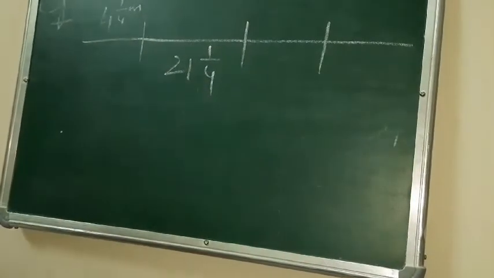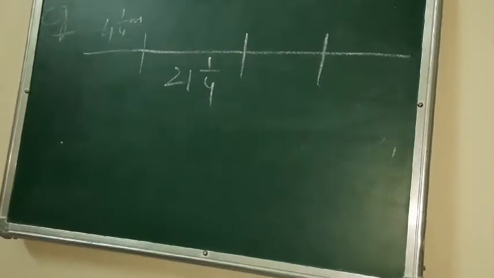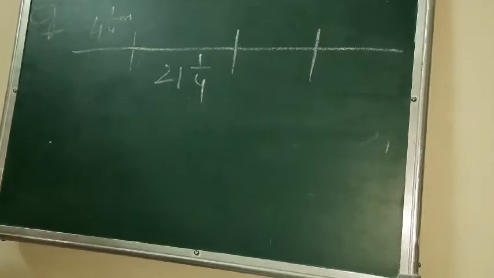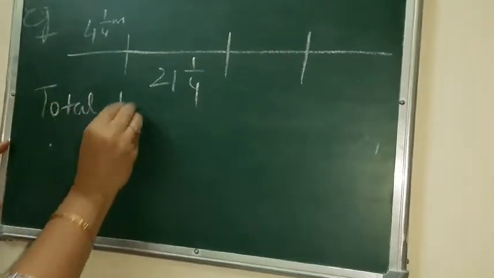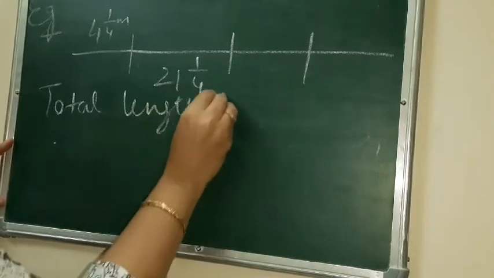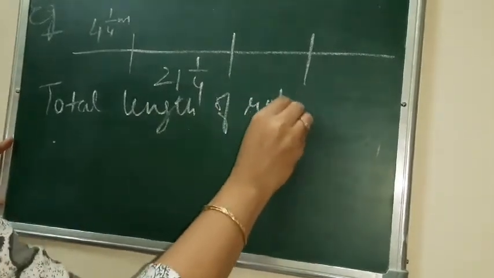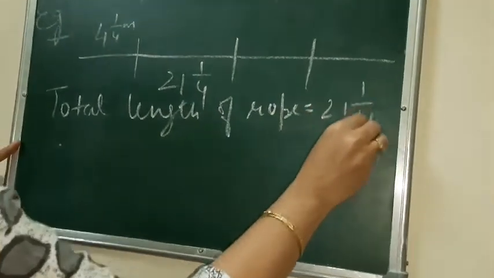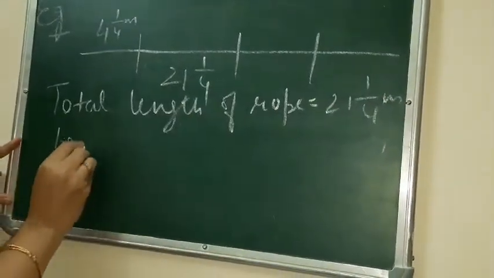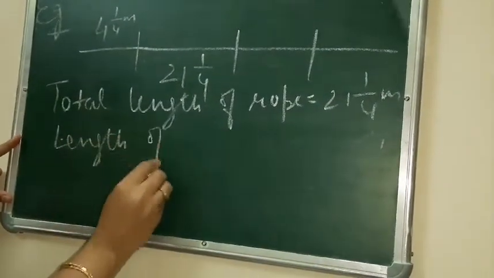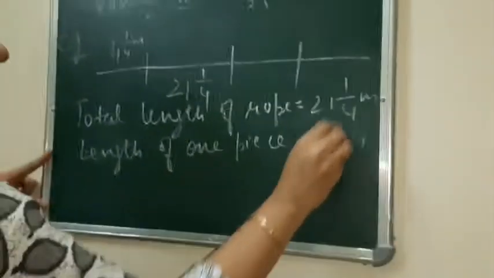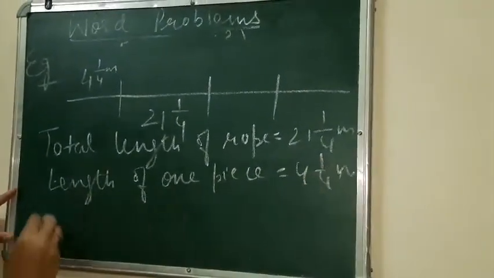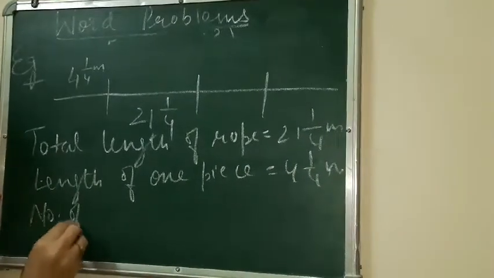We don't know how many pieces will be there. Now whenever you have to find number of anything, we are having the total length of the rope. Total length of the rope is 21 1/4 meters. And length of one piece is also given. It is 4 1/4 meters. You have to find number of pieces in the long rope.